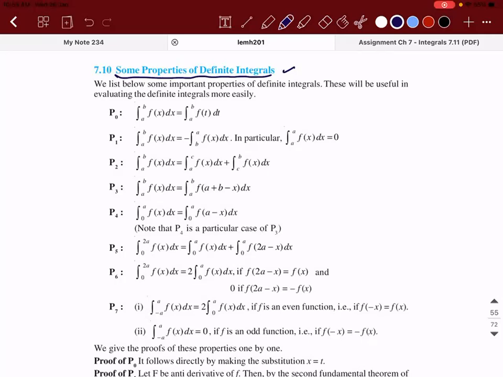So let's try to understand what these properties are. The first property is named P naught, right?